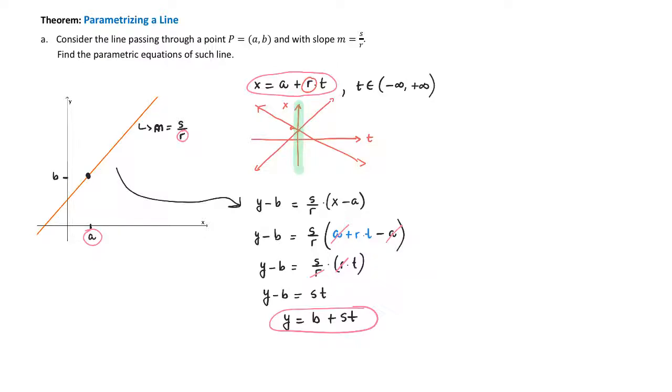How lovely. So this is telling us then that the parametrization, or another parametrization, of this graph will be a plus rt for the x component and b plus st for the y component, where t is between negative infinity and positive infinity.